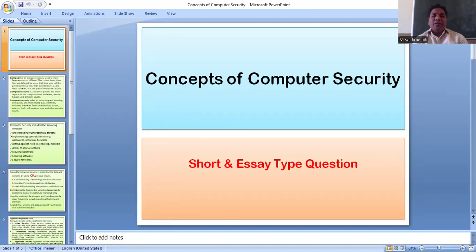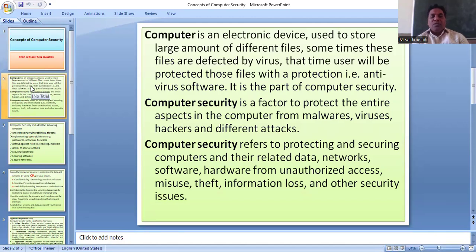Here I am providing small information about what computer security is. Before going to this slide, I'm beginning from the last paragraph. Look carefully, all of you. Computer security refers to protecting and securing computers and their related data. Whatever data is in the computer will be secured by yourself using a source, called computer security.